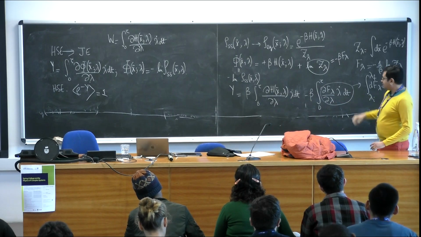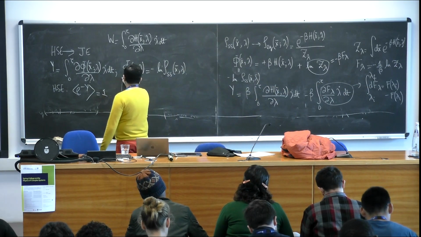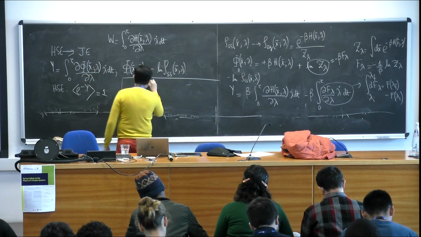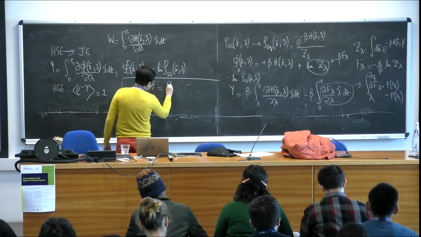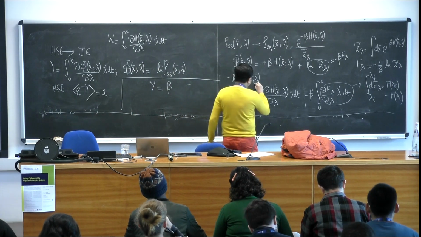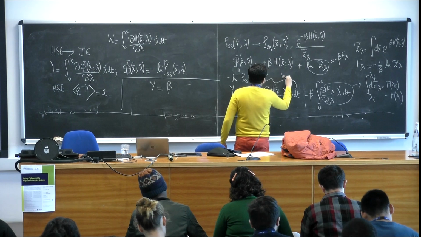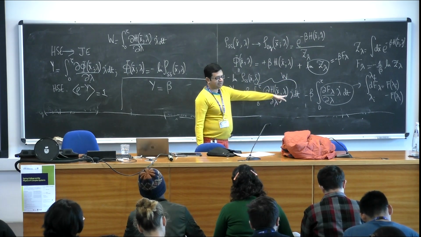Okay. So I see that for the particular case in which the system is in equilibrium, this quantity y is nothing but beta times, but what is this guy? This is nothing but W, ∂H/∂λ λ̇ dt.